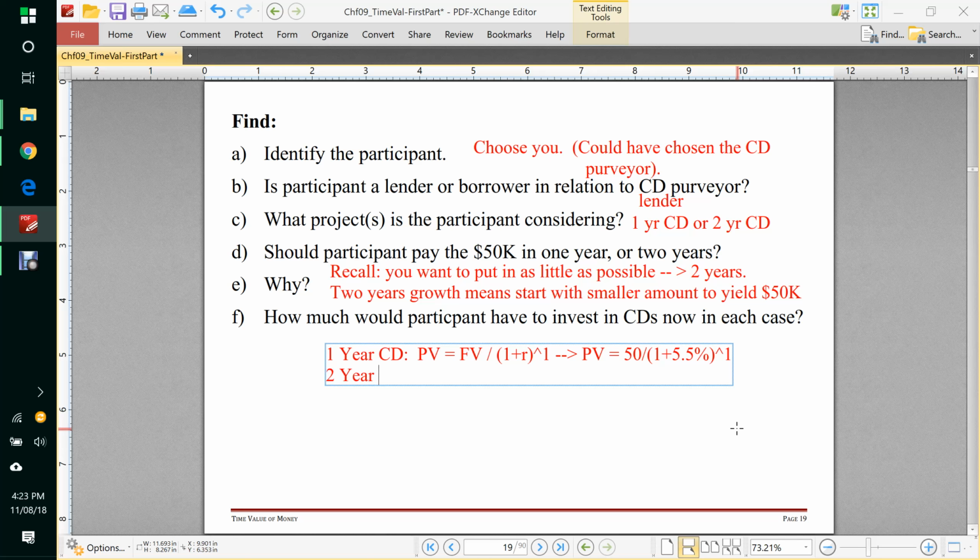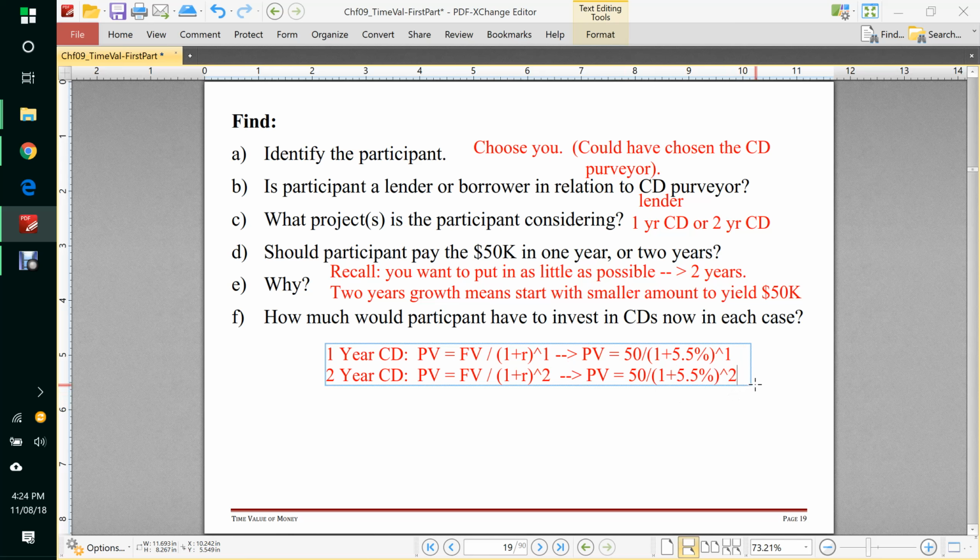So for the 2-year CD, we've got the same formula, except now we have it raised to the 2 instead of the 1. Okay, so we have that nice 2 years of compound interest, and that's going to give us our PV is equal to 50 divided by 1 plus 5.5% raised to the 2.